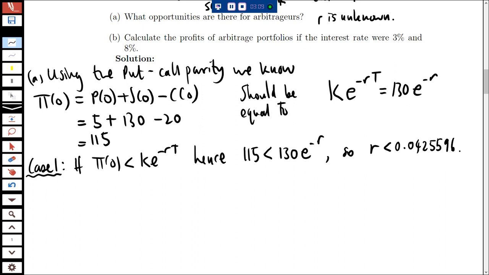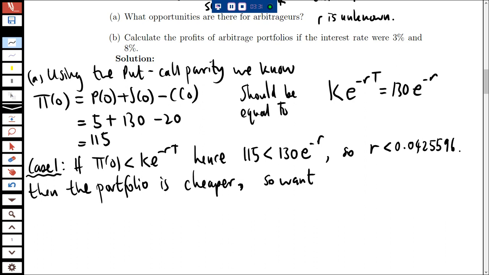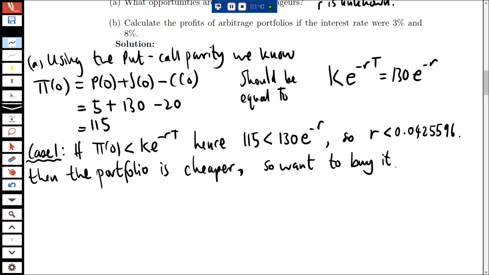So this tells us that the portfolio is cheap. It's cheaper than the strike price discounted to today's money, to compare them like for like. So we want to buy the portfolio. Okay, it's cheap, so we want to buy it.